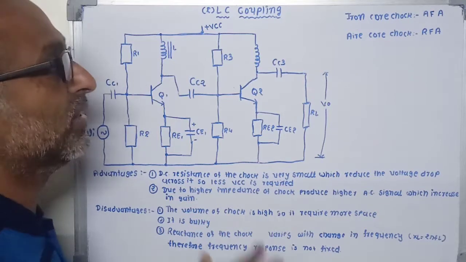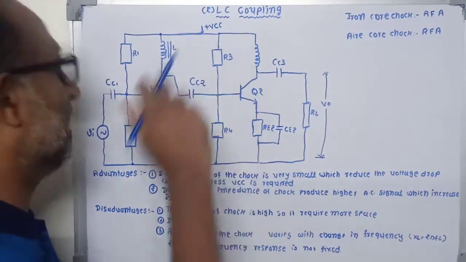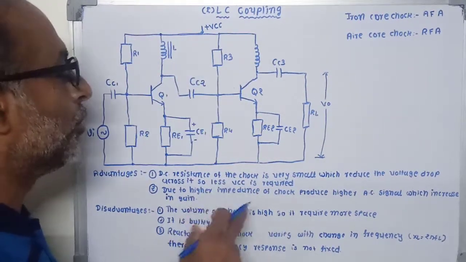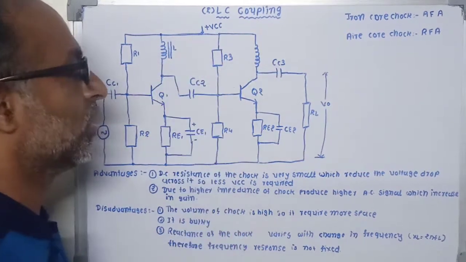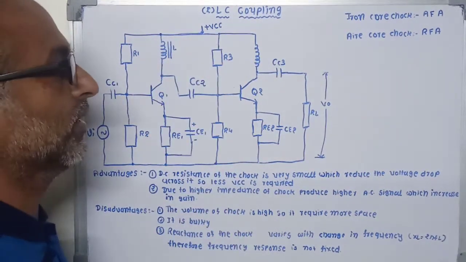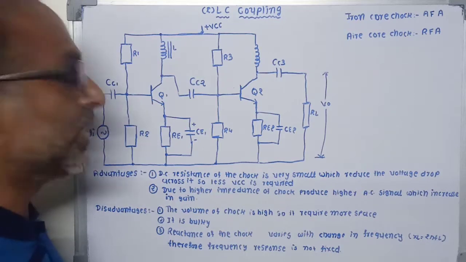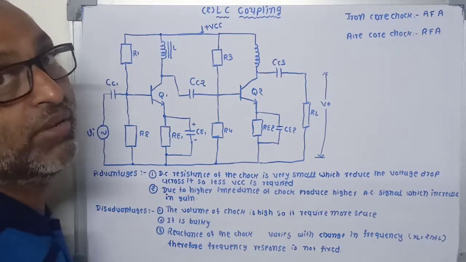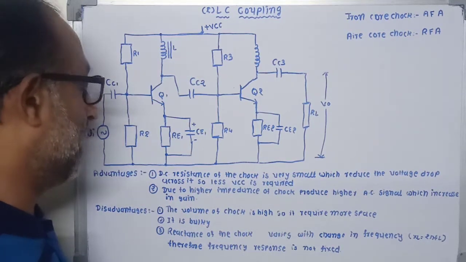That is a main advantage of this LC coupling. Second, the higher impedance of this choke produces a higher AC signal, that means it increases the gain of the amplifier. It is also one major advantage.